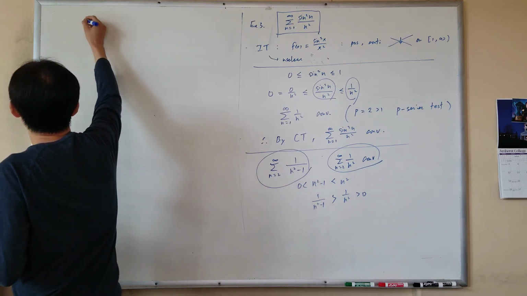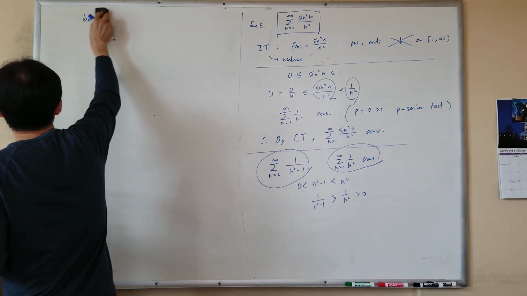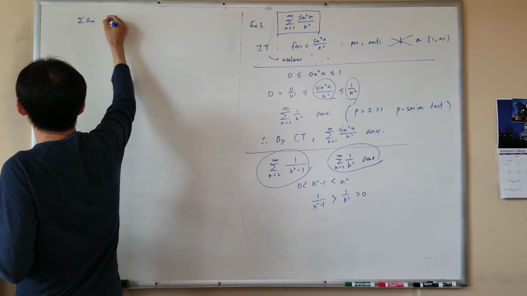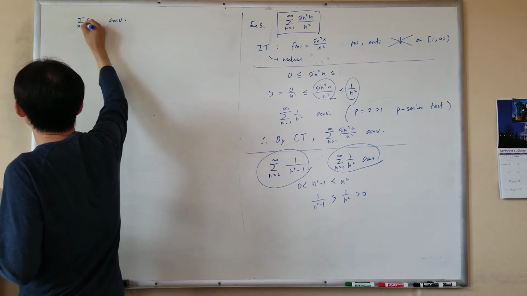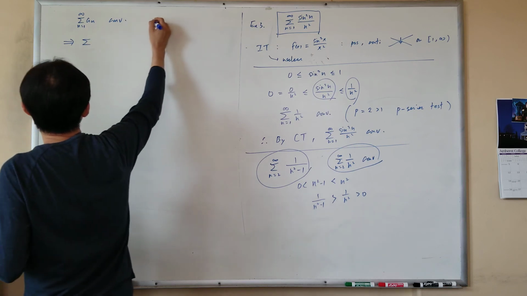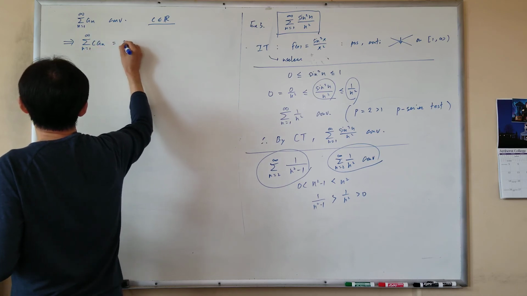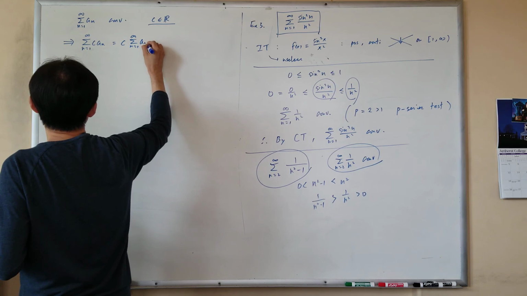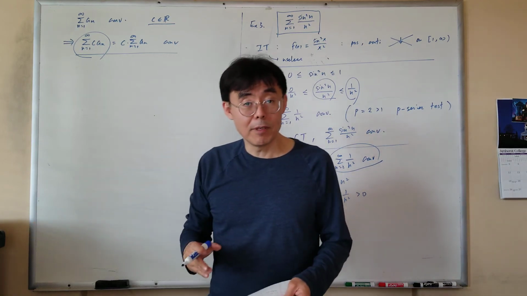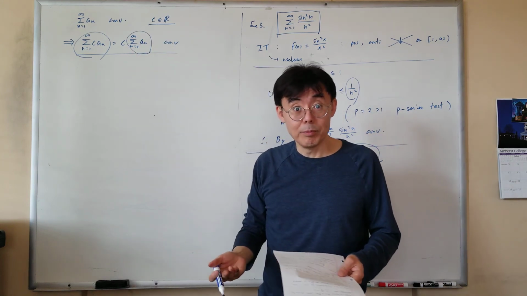Let's say you learn that the series of Bn is convergent. Then for any constant C, this also converges, and the value will be C times the sum. A constant multiple of a convergent series is definitely convergent, because that infinite sum times that constant will be the value.